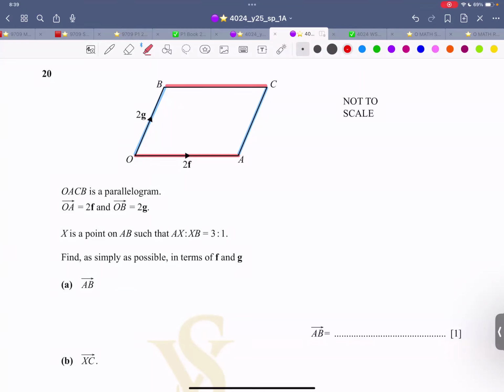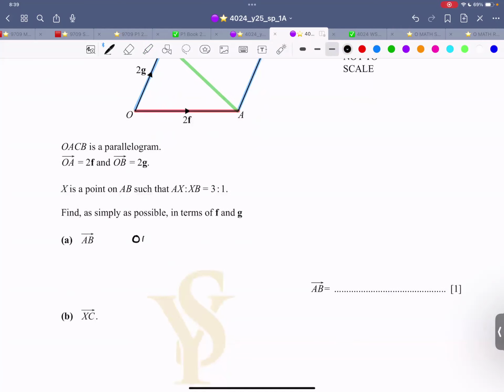Okay, AB is not drawn, so I can draw it like this. And then we will do that thing. Find it in simplest form. First of all, let's find AB. OA plus AB is equal to OB. AB is OB minus OA.